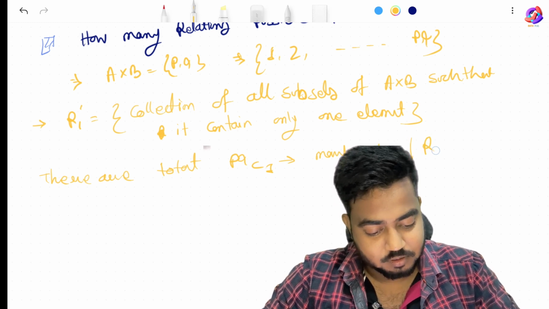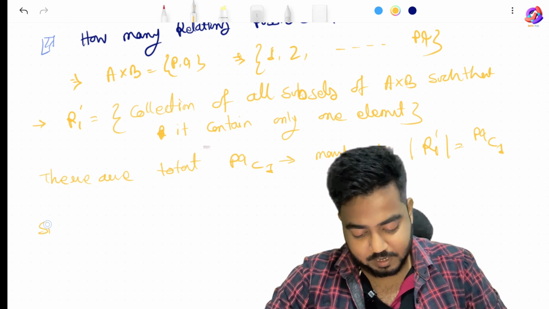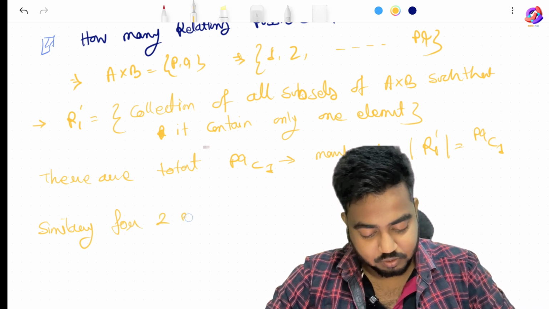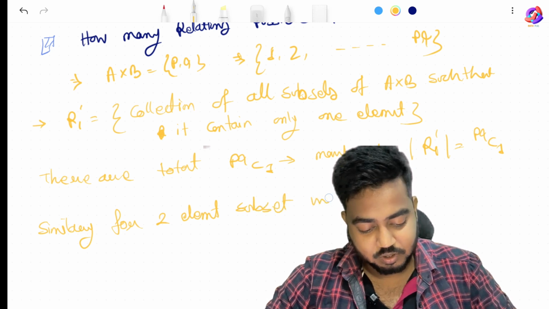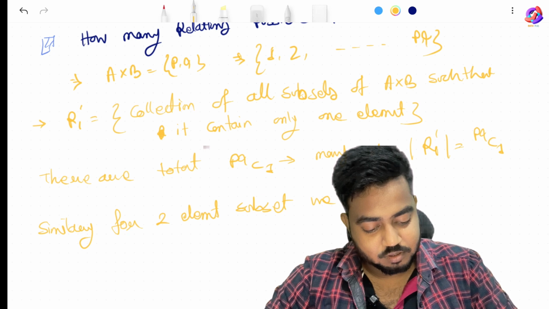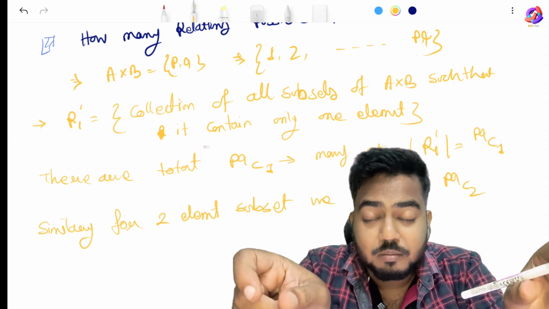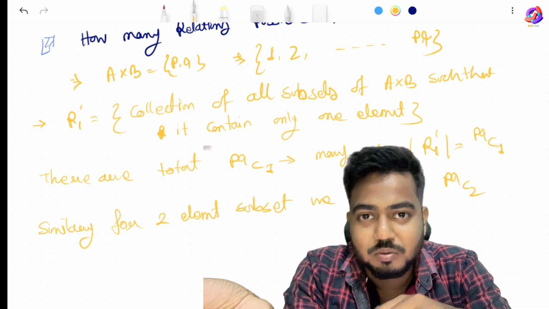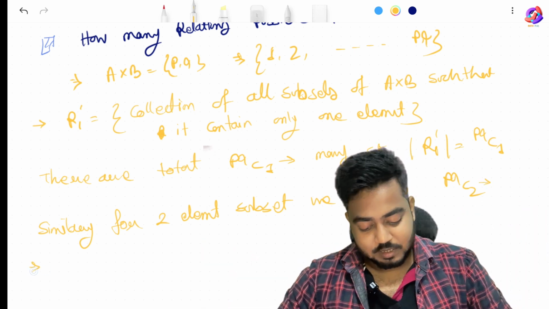So we can say that mod of R dash equals PQC1. Similarly, for a two-element subset, we have PQC2, since we need to choose two elements from the PQ elements.